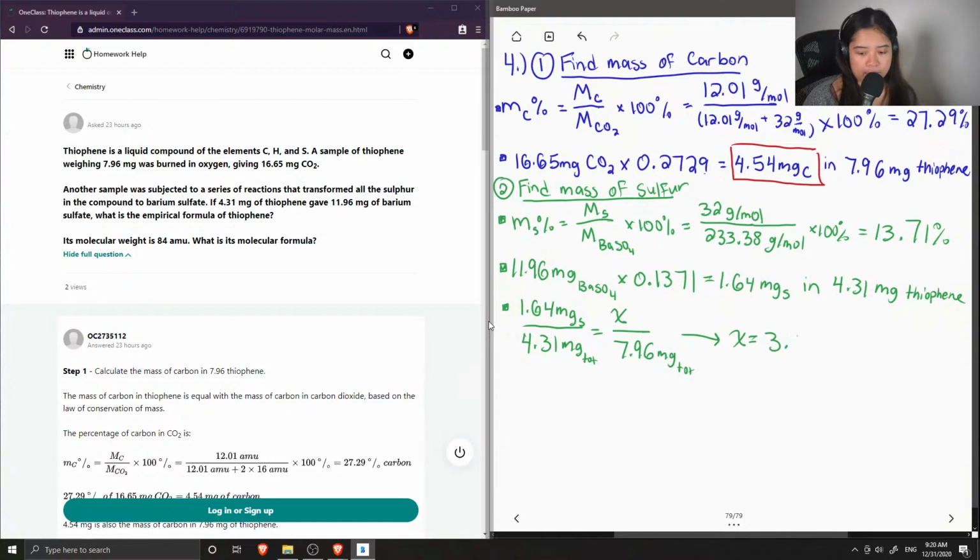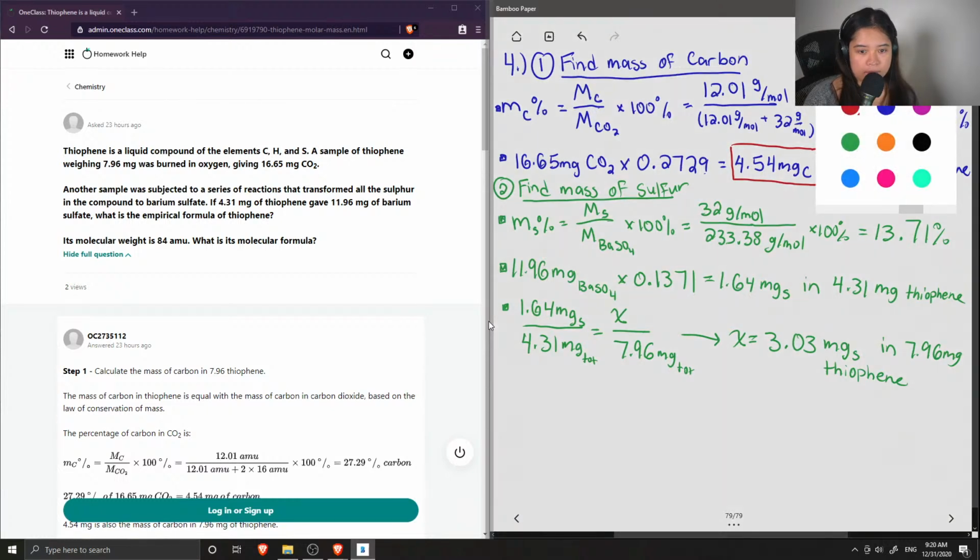And you get 3.03 milligrams of sulfur. And this is in 7.96 milligrams of thiophene. So let me box this mass as well.